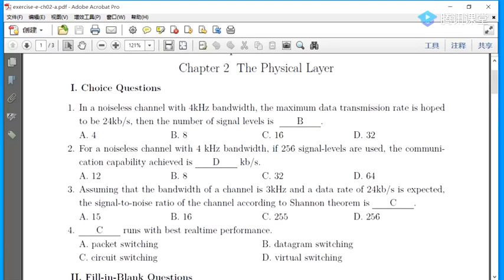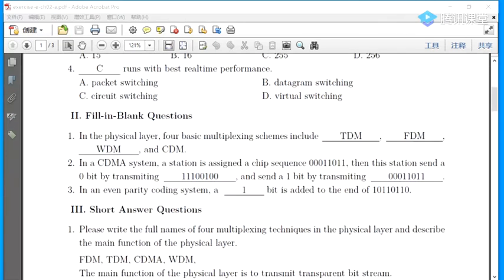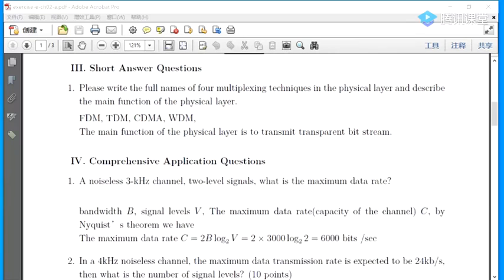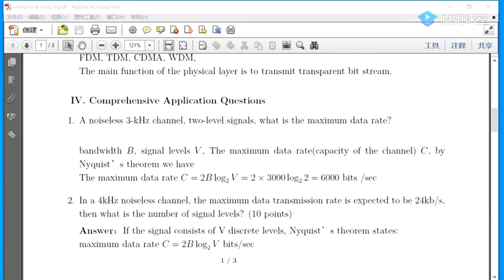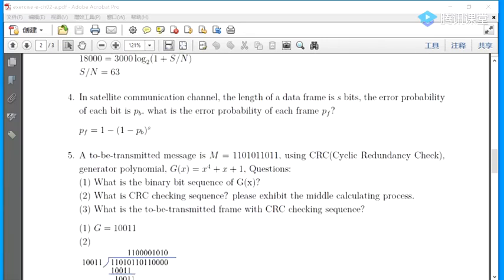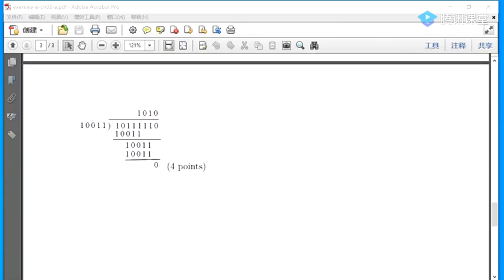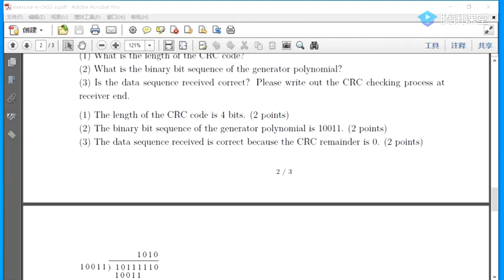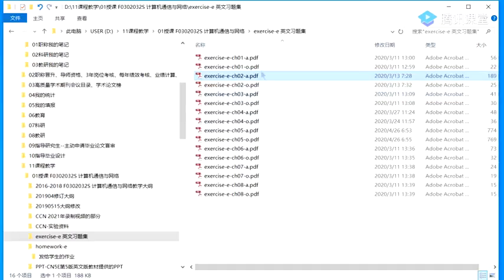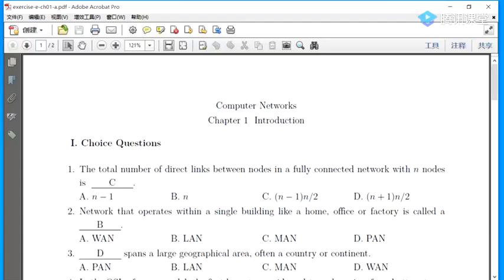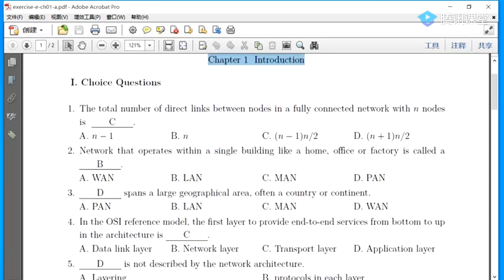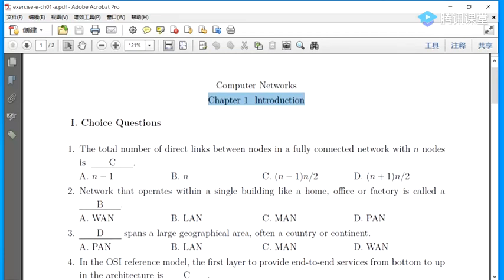For example, choice questions, fill in blank questions, short answer questions, comprehensive application, right? I did explain all questions. And I explained the answers to chapter 1; the answers of chapter 1 we explained last time.